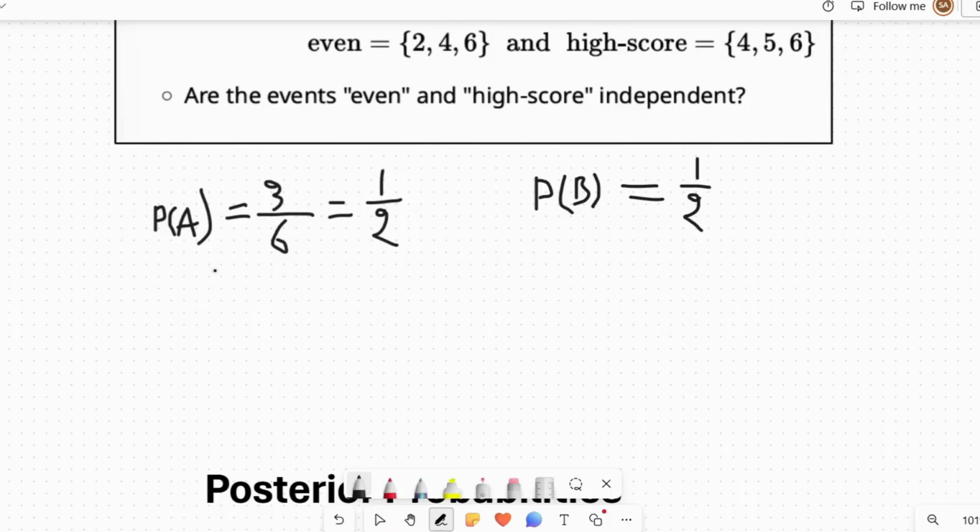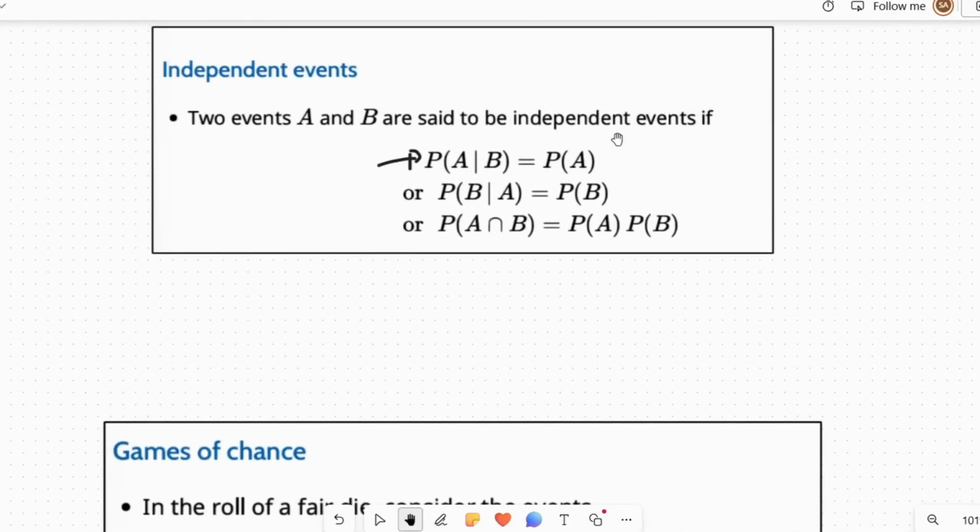Now we have P(A) and P(B). We already have our right hand side and we have to find the left hand side, then we can check whether this is independent or not.